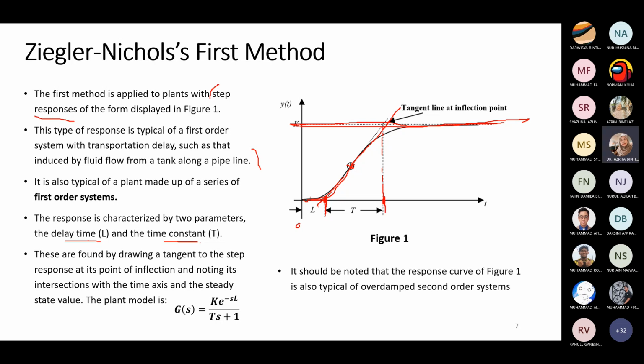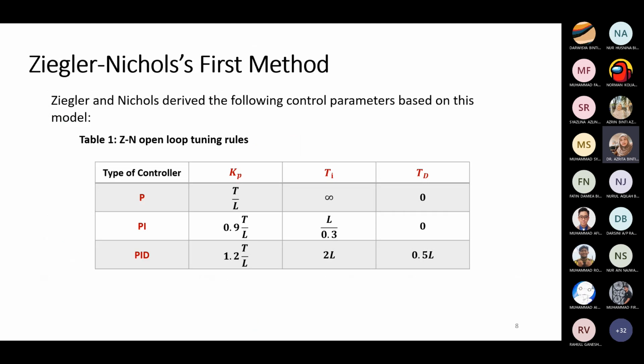So this is how we can find the plant model using this equation. The plant model is given by K e^(-Ls) over (Ts plus 1). L is the delay time. K is the final value. T is the time constant value.